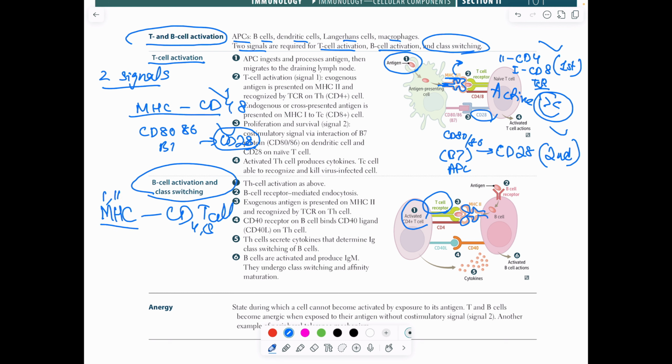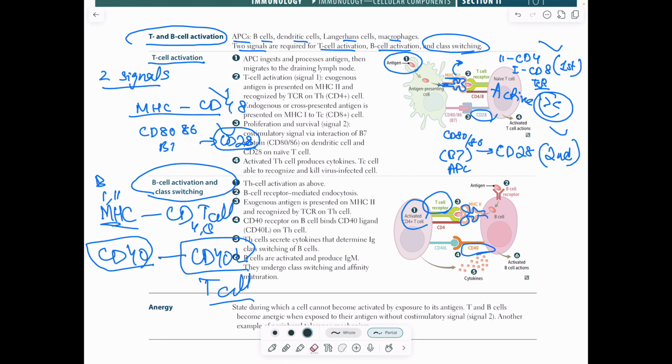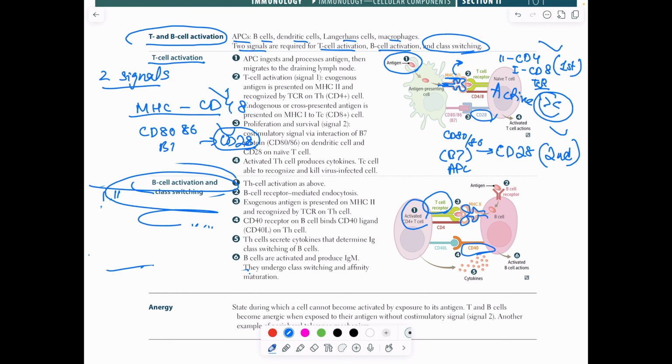Okay, MHC on the B cell. Then there is the second signal, CD40. The CD40 is going to attach with CD40 ligand present on the T cell. The same mechanism you already learned in macrophages. Macrophages also have the same surface marker, CD40, that is going to attach with CD40 ligand of T cells. Understand?